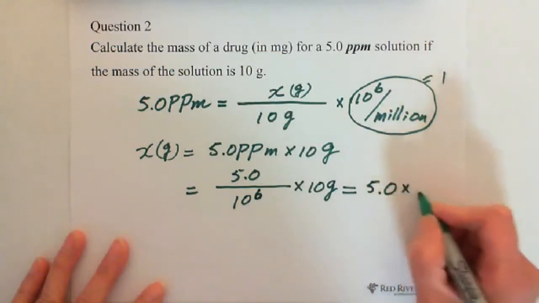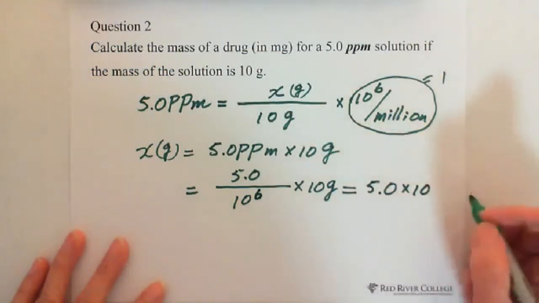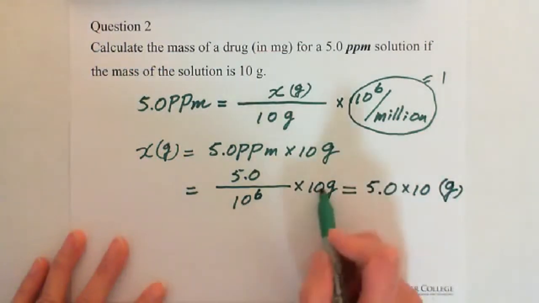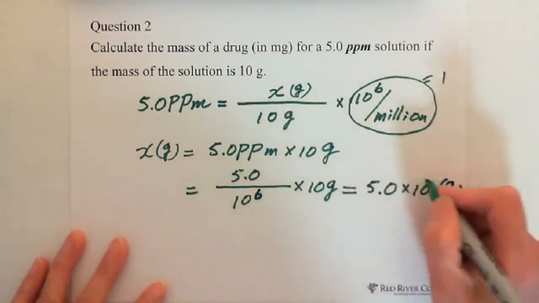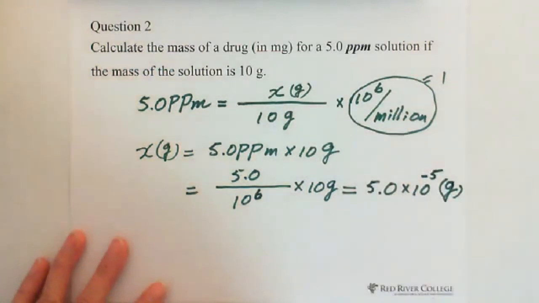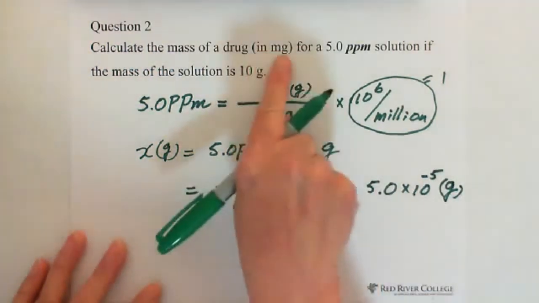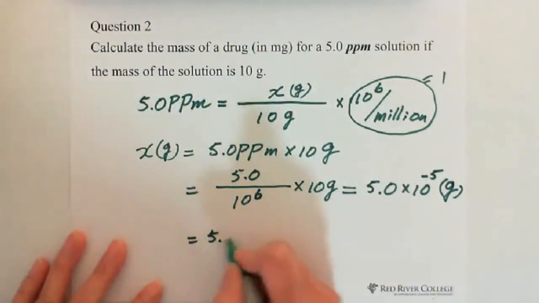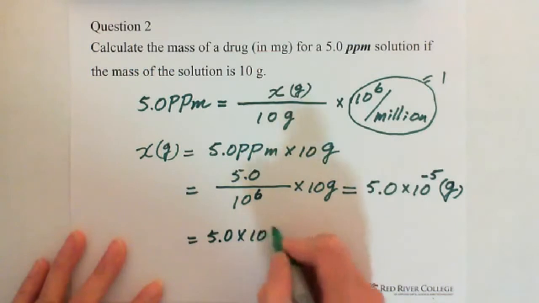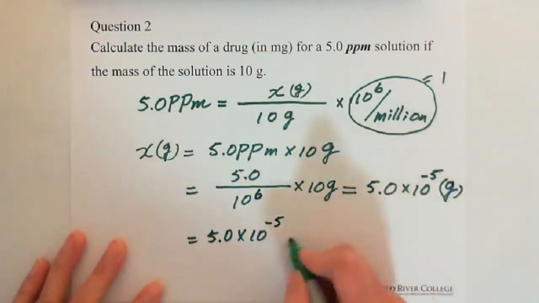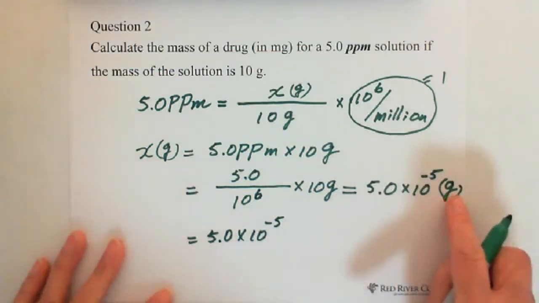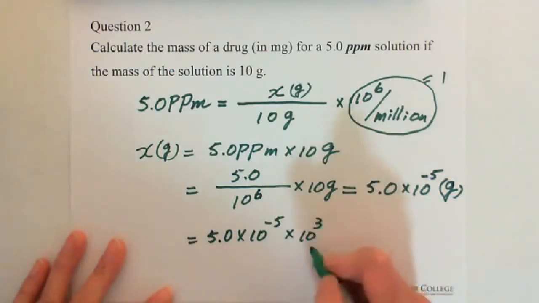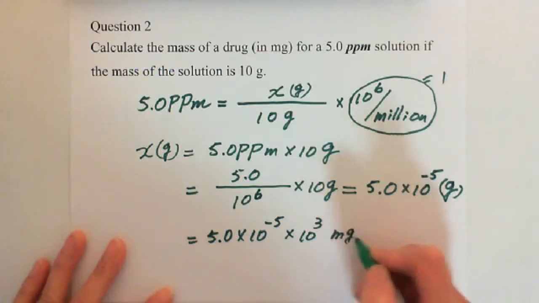In this situation, we got 5.0 times 10 to the, because this is grams and the answer is grams, and the 10 to the 6 cancels with the 10 to the 6 grams, we got the negative 5 exponent grams. But we're looking for milligrams. That's why we need to convert 5.0 times 10 to the negative 5, and 1 gram equals 1000 milligrams, times 10 to the 3 exponent milligrams.